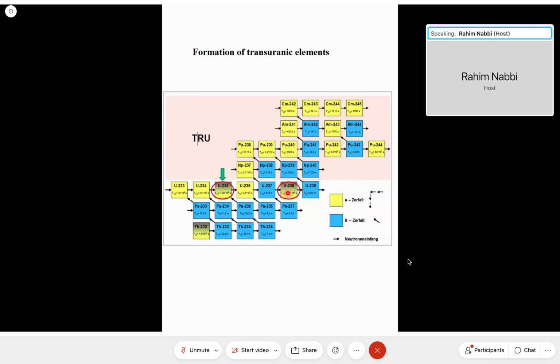But for loading and using for fission processes, first the enrichment has to be increased from 0.7% for uranium-235 to 3.5%, in the case of boiling water reactors or pressurized water reactors.